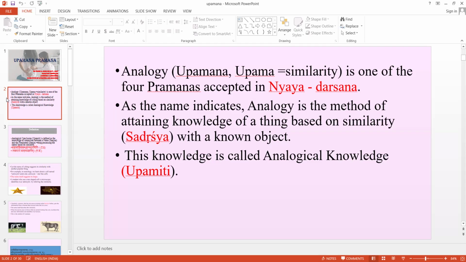Whenever you see a starfish for the first time, you recollect what your Acharya, friends or colleagues told you, or what you learned from the text.